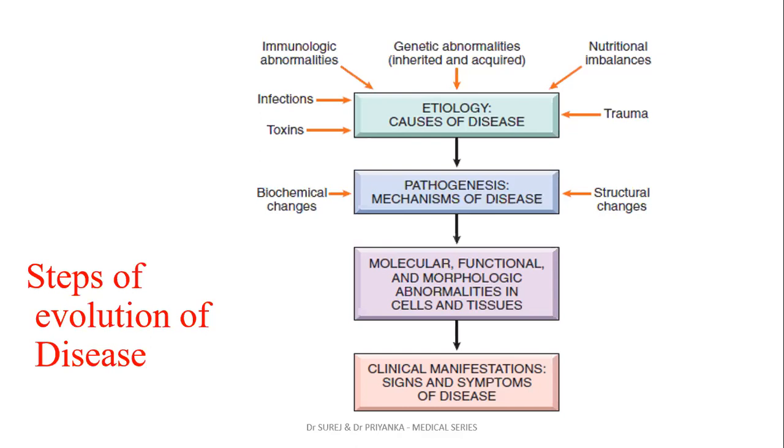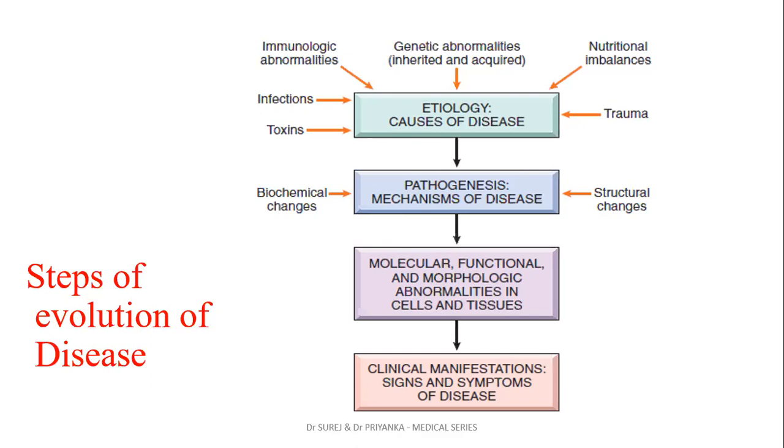But if you study pathology in a regular fashion, then it is the easiest subject to handle. Here in this slide, I will tell you the incorporation of the various steps of pathology with the evolution of disease. We are basically studying disease and its producing organism in pathology.